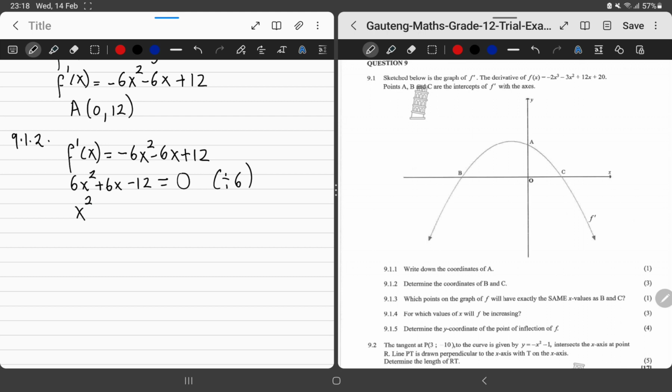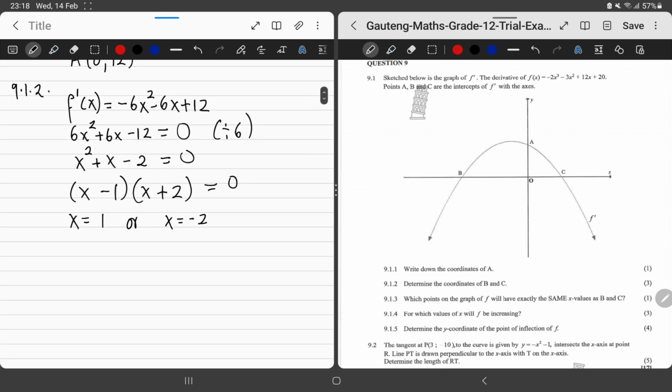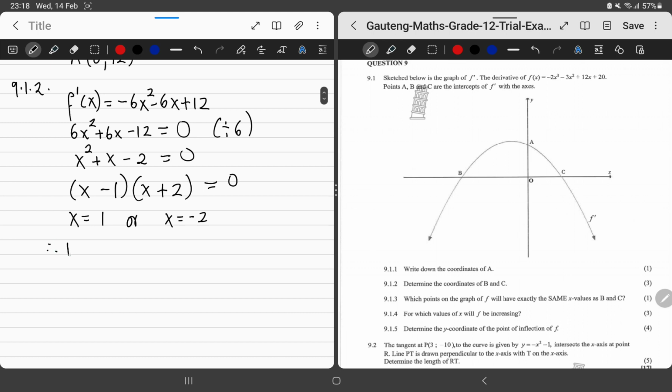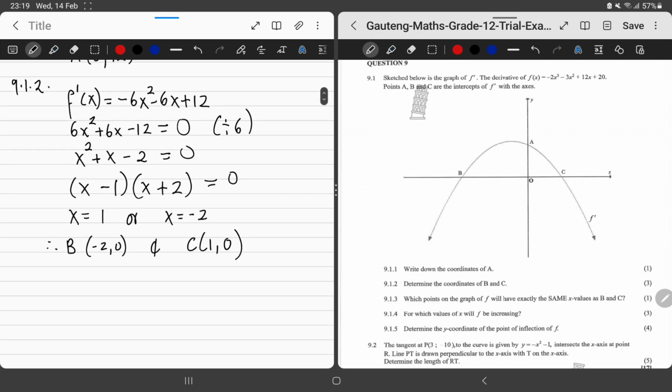Then I'm left with x^2 + x - 2. This is x and x, 2 and 1. That is going to be positive, that's going to be a minus. x should be equal to 1 or x should be equal to -2. They want the coordinates. So the coordinates of B are (-2; 0) and the coordinates of C are (1; 0).